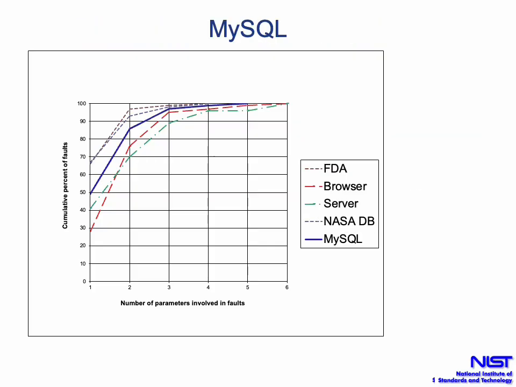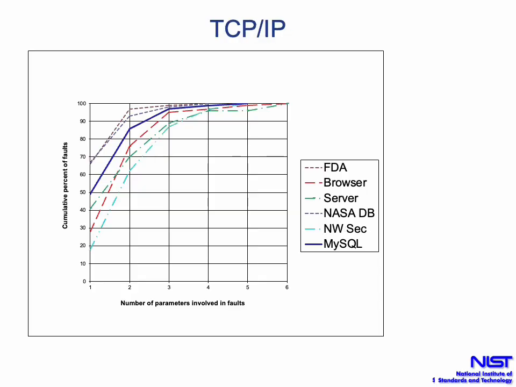This is the fault profile for an SQL database open source application. It's similar, as you can see, to the browser and server software, not quite as good. This may be due to the level of usage and the number of users, which would allow the failures to be discovered and corrected.